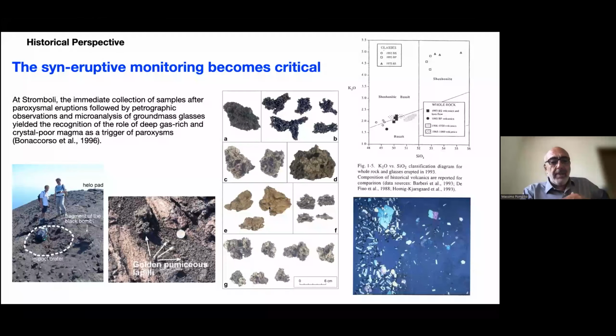Now there is a big, very sophisticated discussion about what is the trigger: whether the dominant one is the shallow dynamics of the magma, or whether the deep part is more important as trigger. But just to have an idea, without the petrological monitoring, this was not possible.